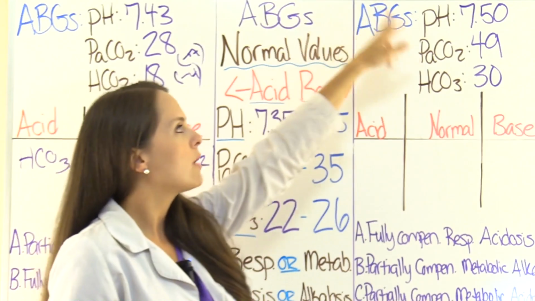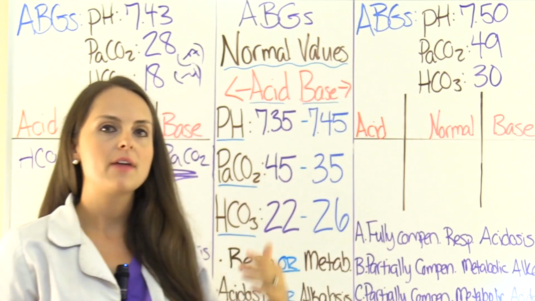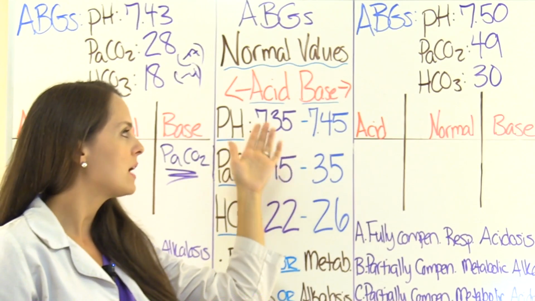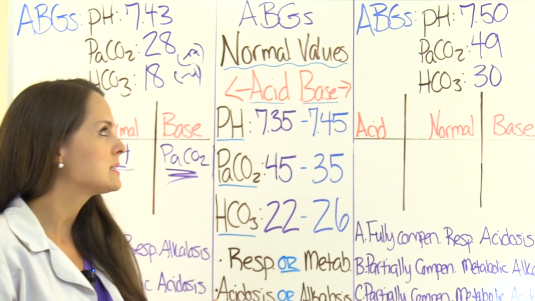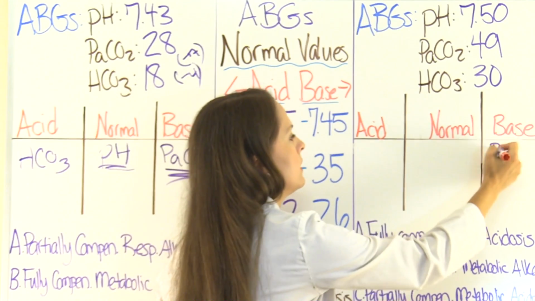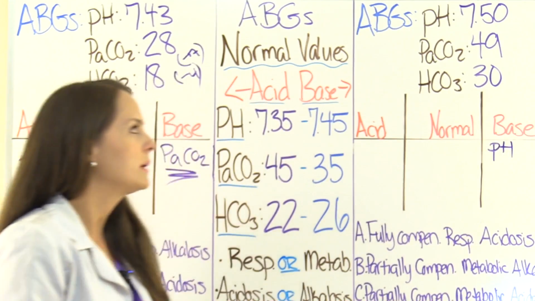So for this problem, our pH is 7.5 and a normal pH is 7.35 to 7.45. So this is abnormal on the higher end. It's basic alkalotic, so we're going to put it under this category, base, our pH.